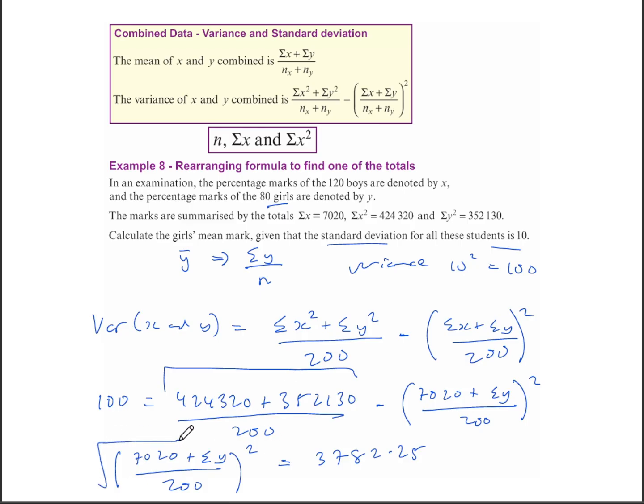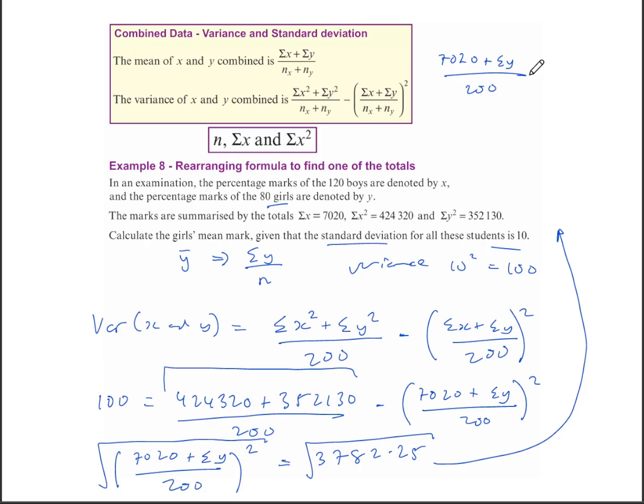We can square root both sides, and what we get from that is 7020 plus the sum of y over 200 is equal to 61.5.